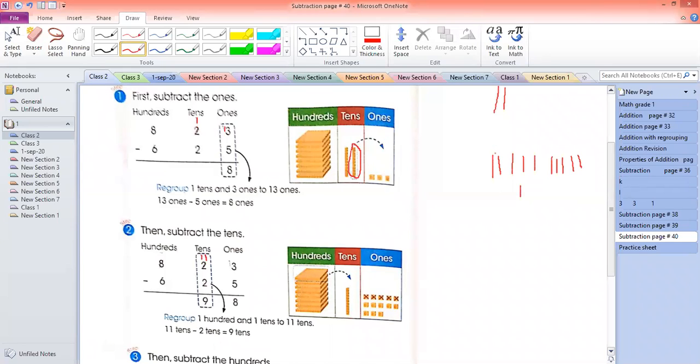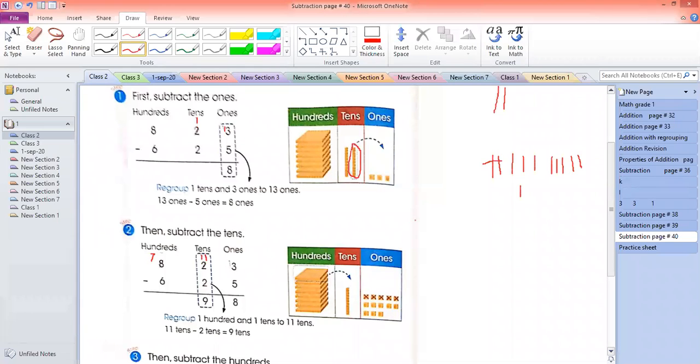So just cut 2 lines and count how many lines are there. 1, 2, 3, 4, 5, 6, 7, 8, 9. So 9 lines are left. We write 9 here. Remember, you regrouped 100 with the tens, so this is not 8 now. This is now 7.